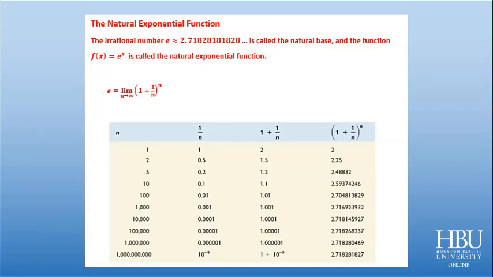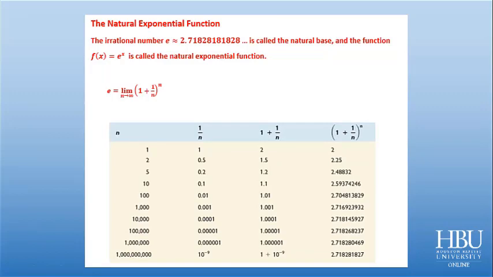You might be wondering, why would such an irrational number be called a natural base? It turns out that e is an irrational number that occurs in all kinds of natural applications.